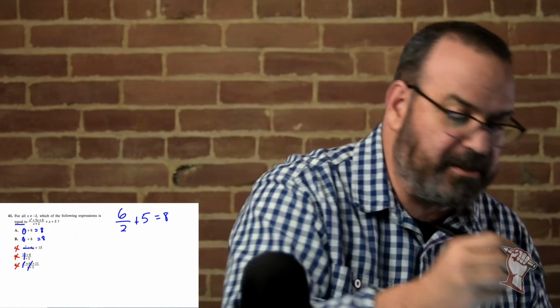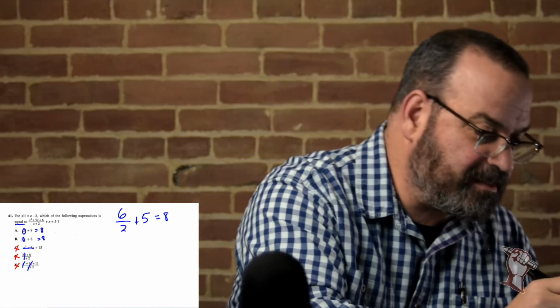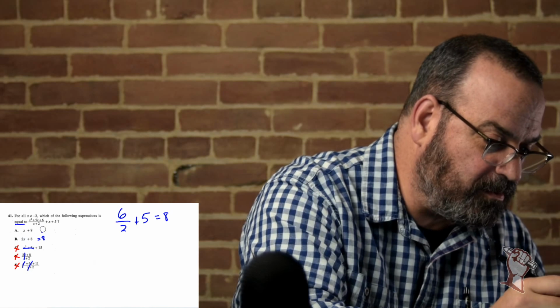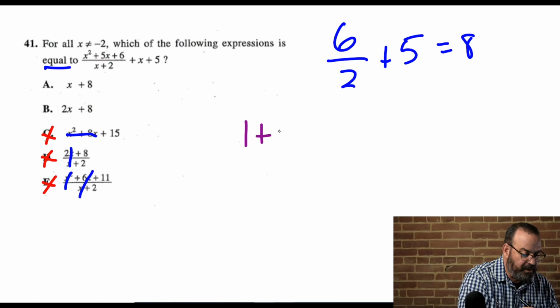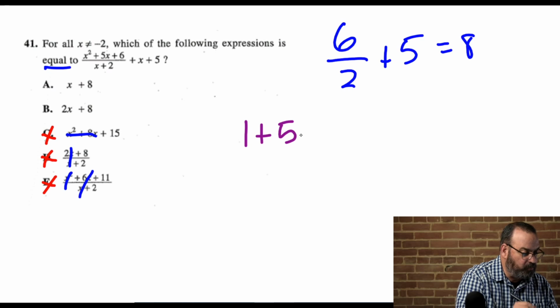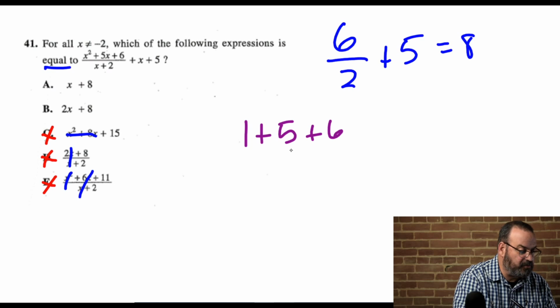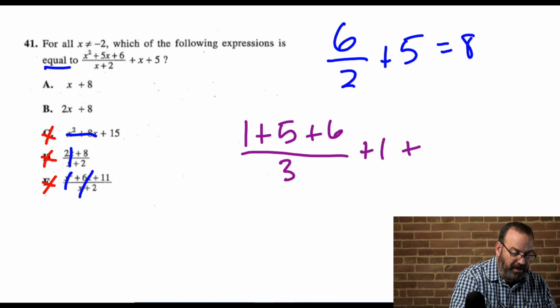Well, let me erase here. Oh, I'm going to use my fancy pen and erase like David taught me. That's so cool. And let's plug in 1. What color can we use for 1? Purple or red? Purple. 1 squared is 1, plus 5 times 1 is 5, plus 6 is 12, over 1 plus 2 is 3, plus 1 plus 5.